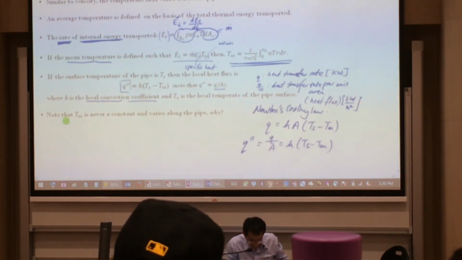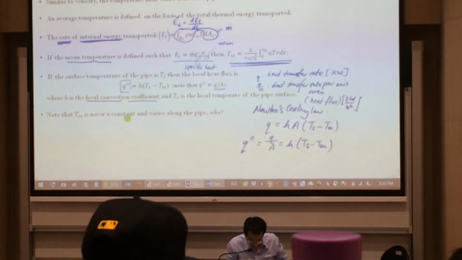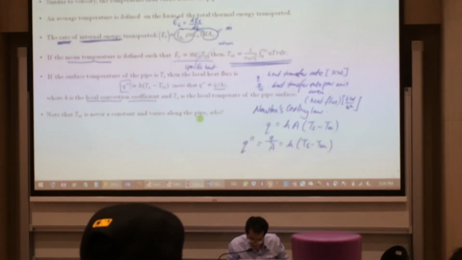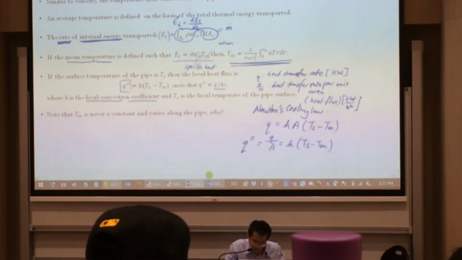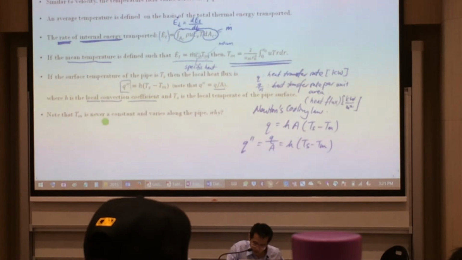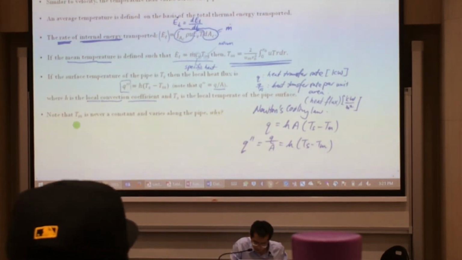So there's a question here. Note that Tm is never a constant and varies along the pipe. Why? Why do you think so? Tm is never a constant and varies along the pipe.